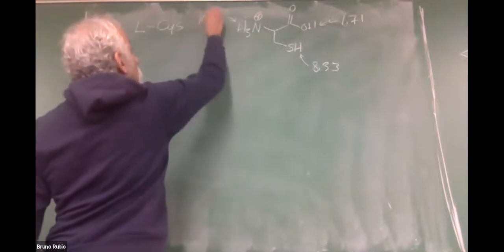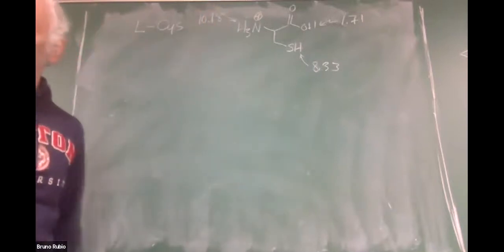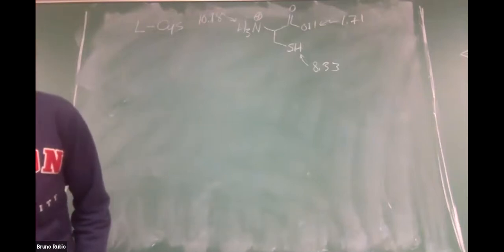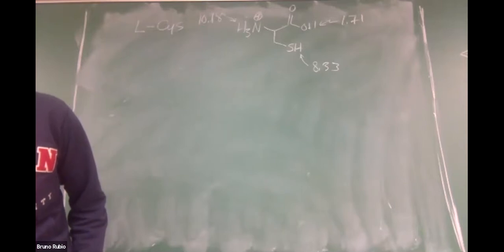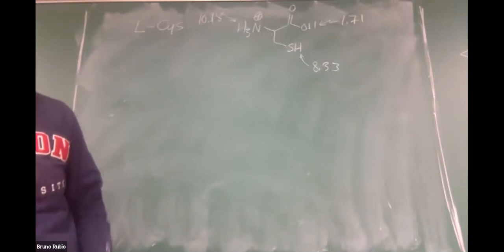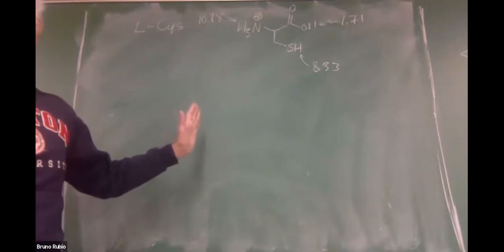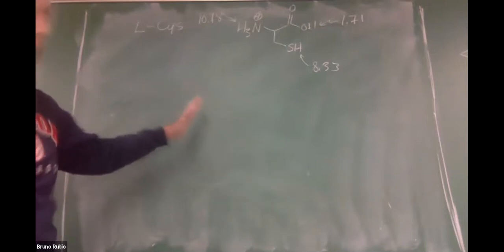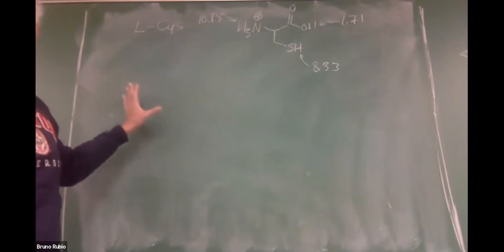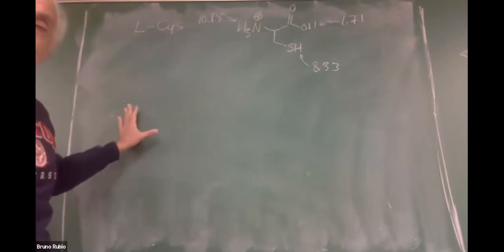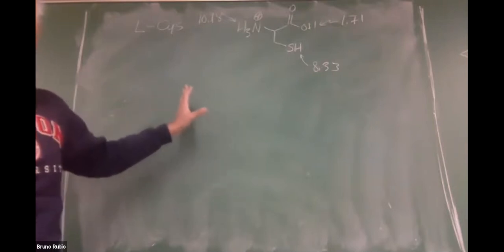And the table says 10.78 for this one. Okay, just a second here. Okay, so again, it's going to be the very same procedure: we begin at the low pH and then raise the pH. We're looking to find the neutral form.